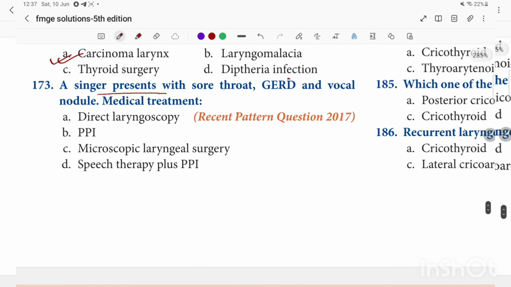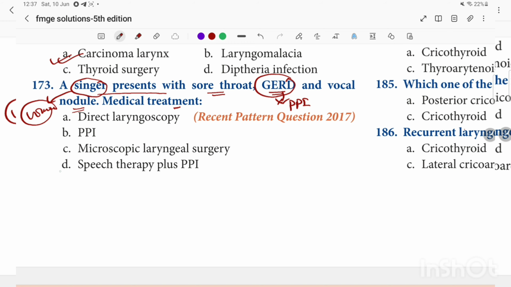A singer presents with sore throat, gastroesophageal reflux disease and vocal nodule. Then the medical treatment: if singer, then voice therapy, and for GERD, drugs given are proton pump inhibitors.